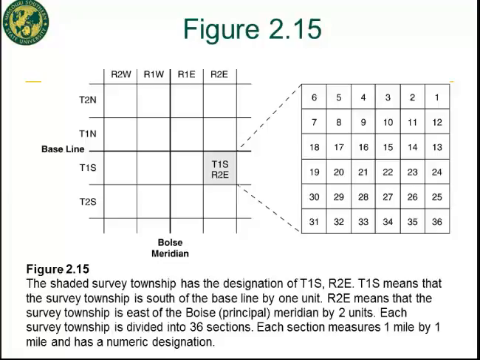Notice the east-west lines are numbered T1S, T2S, T1 North, and so on. Those are township lines north and south of the baselines. And then similarly, the range lines are numbered west and east of that main range line or meridian.